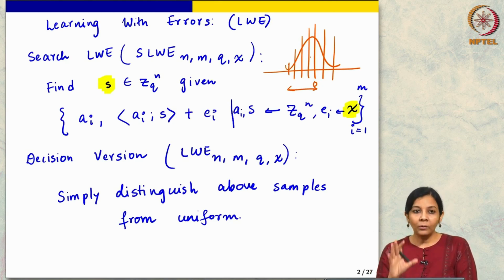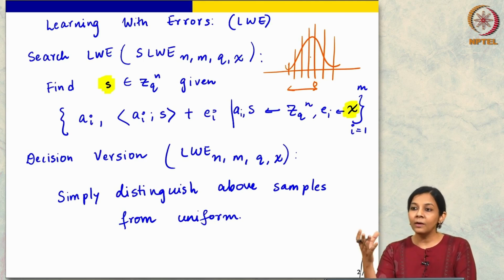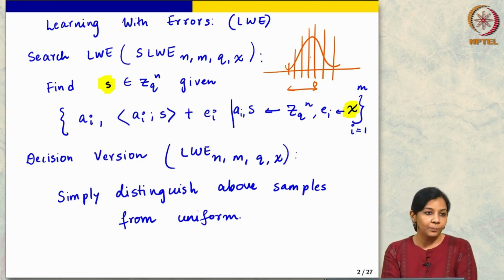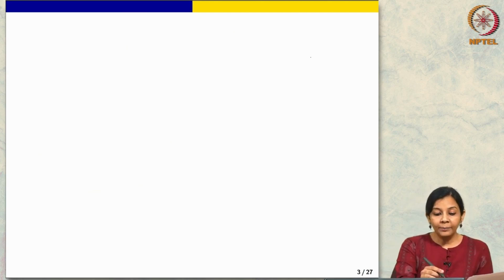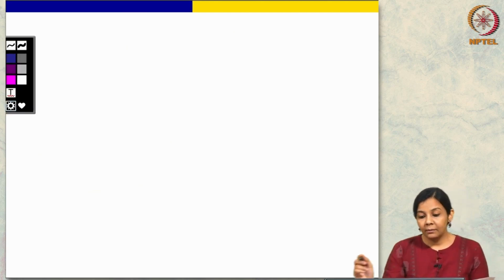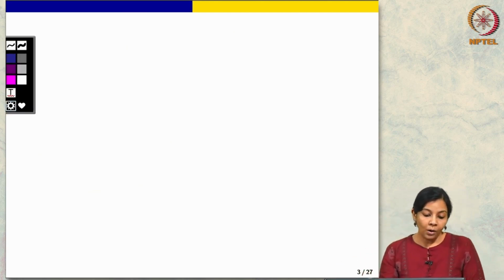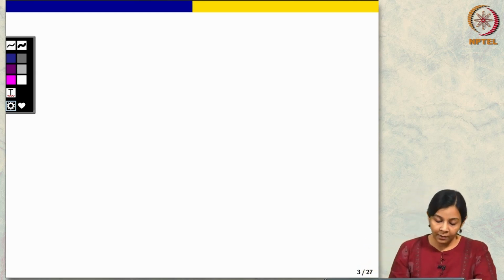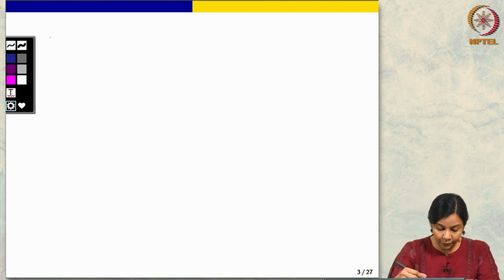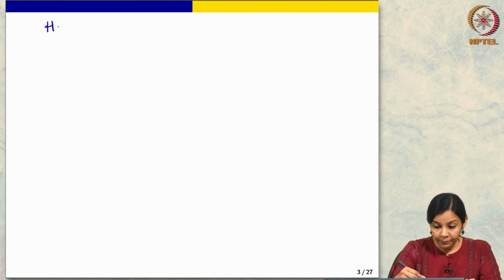But I want you to know that underlying this, the distribution does matter, because it is how we connect this problem to the classic problems on lattices that we talked about. So, let me just write down what we know about the hardness of LWE, again a little informally. I will not prove this.